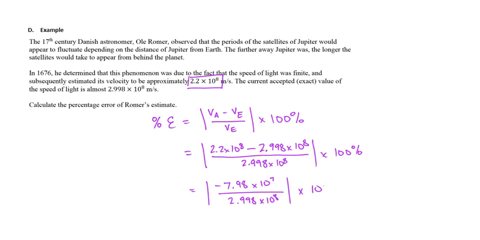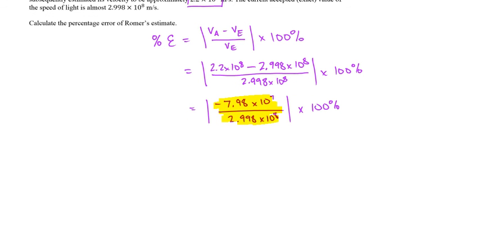Now, because we are taking the absolute value of this ratio here, even though it would normally be negative because I'm taking a negative number and dividing it by a positive number, the absolute value bars dictate that I now must make that positive. So even though on your calculator you'll get a negative answer, the bars mean you then make that a positive answer.